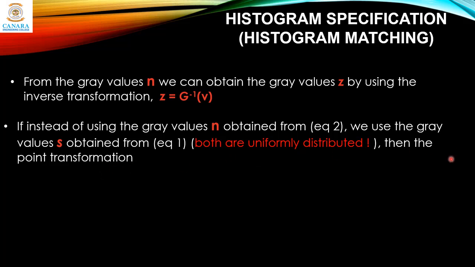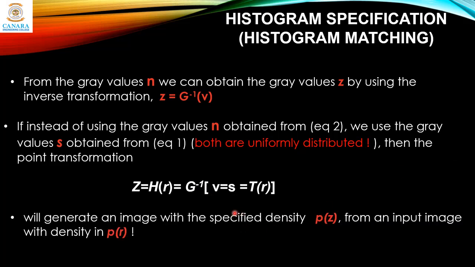Then the point transformation is given by Z is equal to H of R, which is equal to G inverse of the transform T of R, which is equal to V, which is equal to S. So this equation will generate an image with a specified density P of Z from an input image with density P of R. So the histogram is specified, and we are trying to match that histogram on the input image. The transform will try to map to the output histogram or specified histogram.